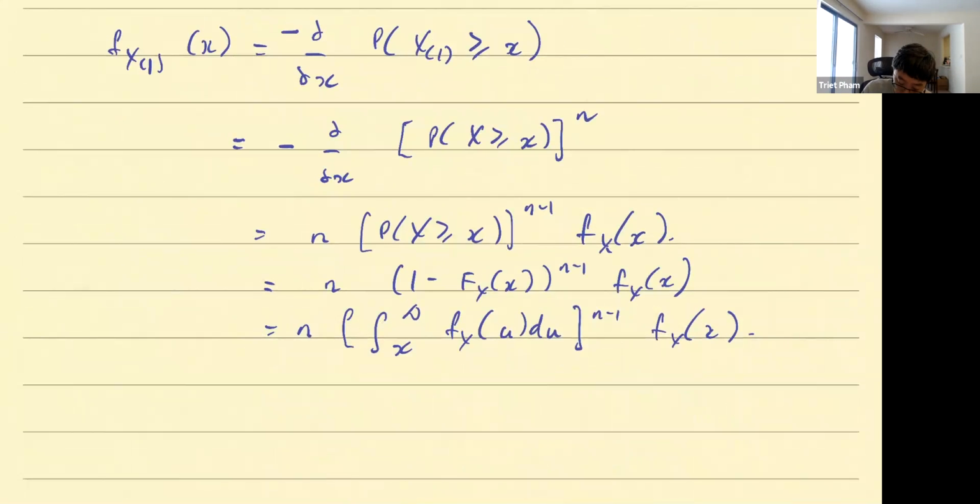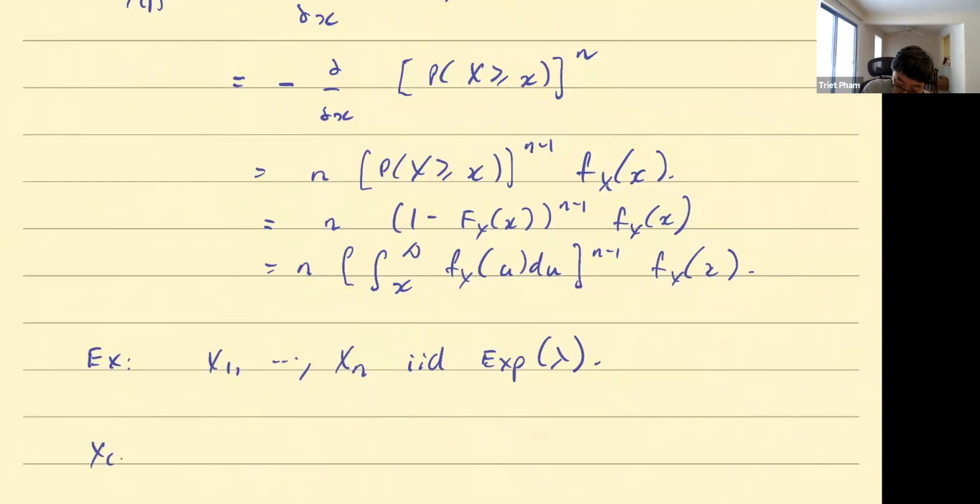Okay, so let's take a look at an example. Let's say x1, sorry, up to xn, iid exponential lambda. What is the density of the minimum, of the sample minimum?